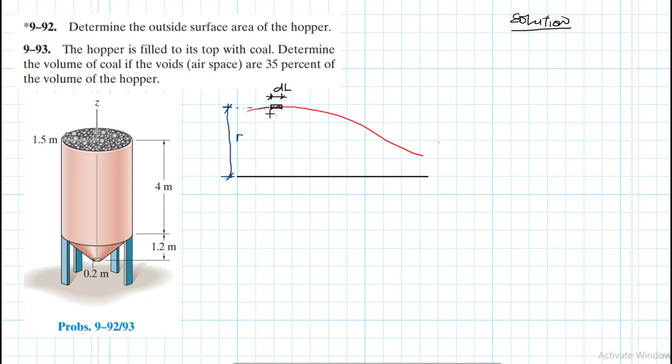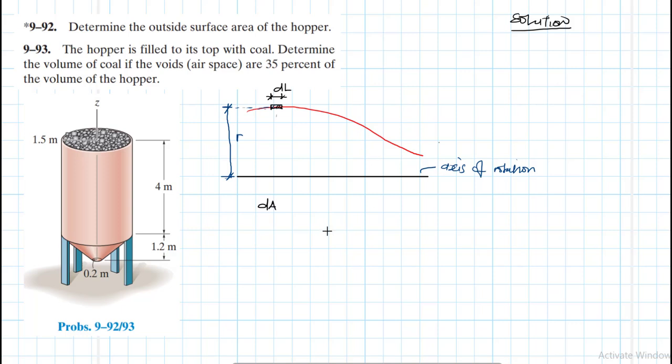Now if we were to rotate this small dL 360 degrees about this axis, which is our axis of rotation, what do you get? You are going to get a very small surface area. We're just interested in the surface area. So if you were to write this using calculus, then you would say this small area that we rotate around will give us such an expression, a small surface area.